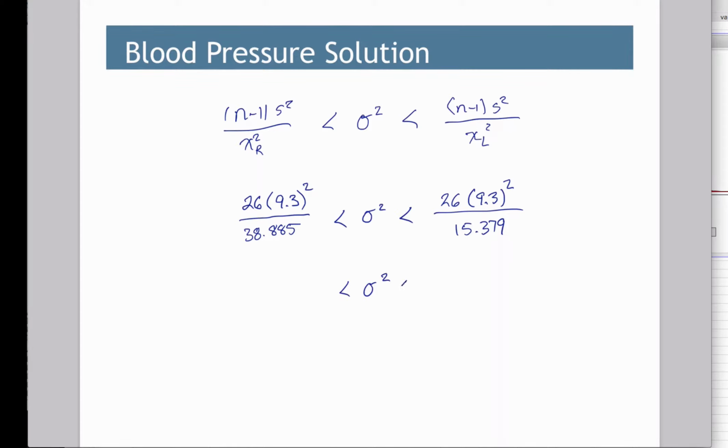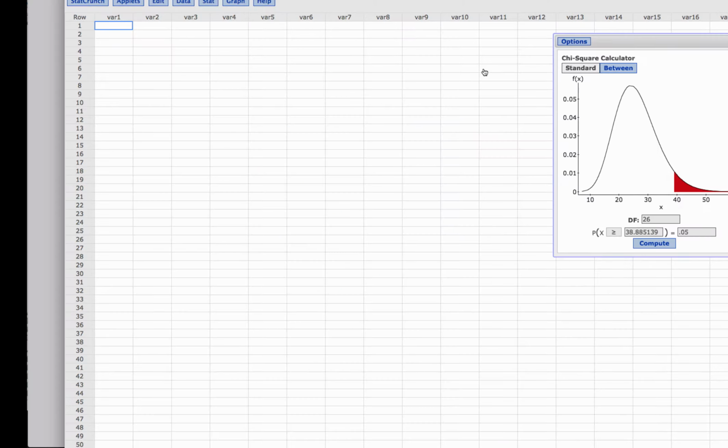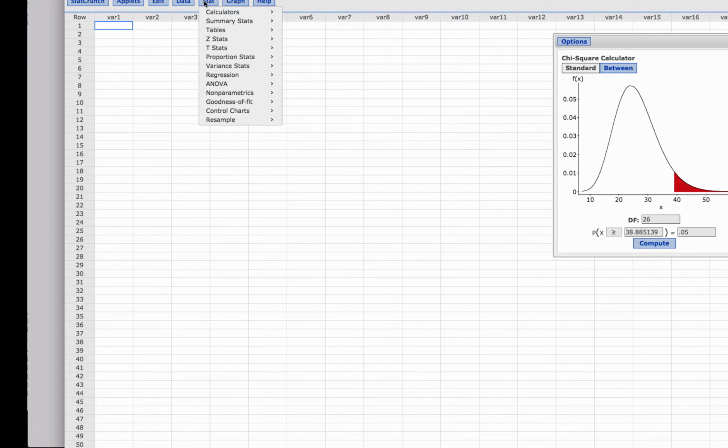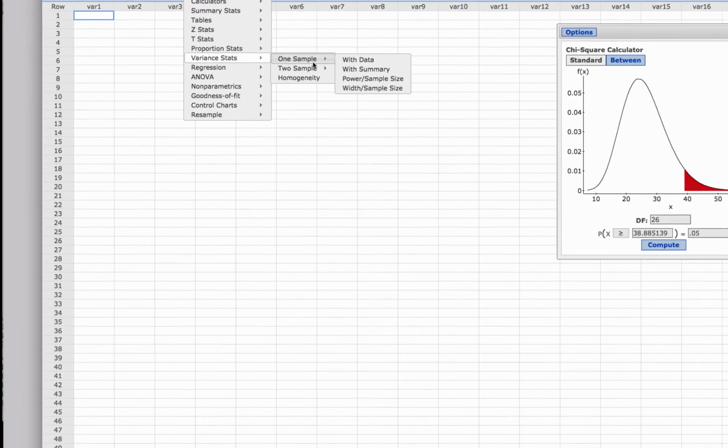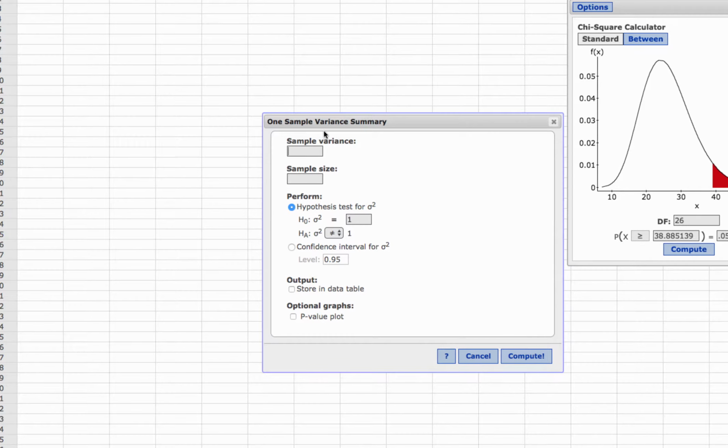Okay. I'm actually going to do it in StatCrunch, so let me show you how to do it in StatCrunch. If I go over there, we'll go to Stat, Variance Stats, One Sample with Summary. My sample variance, let's see here. Remember, they gave us standard deviation.